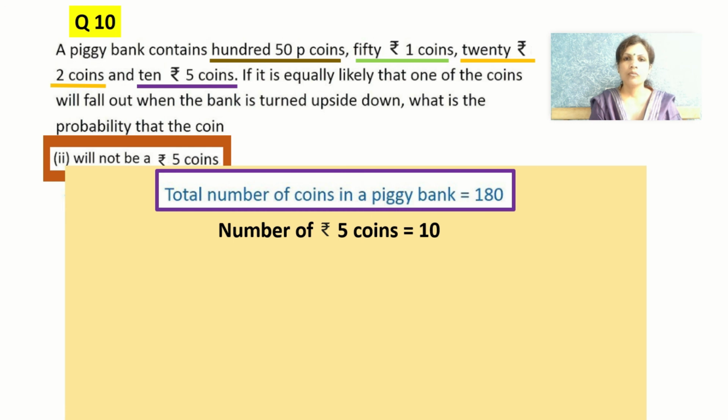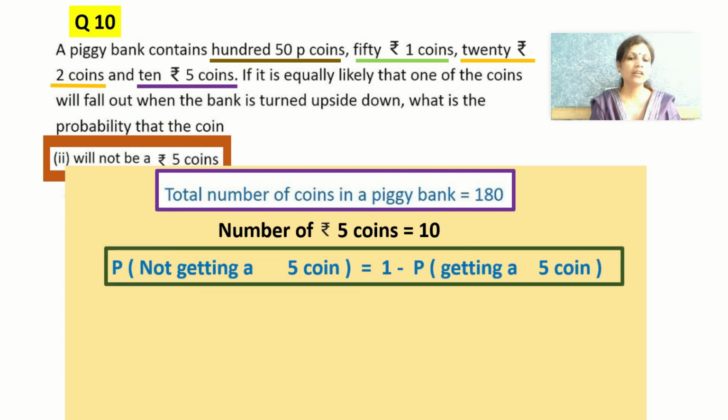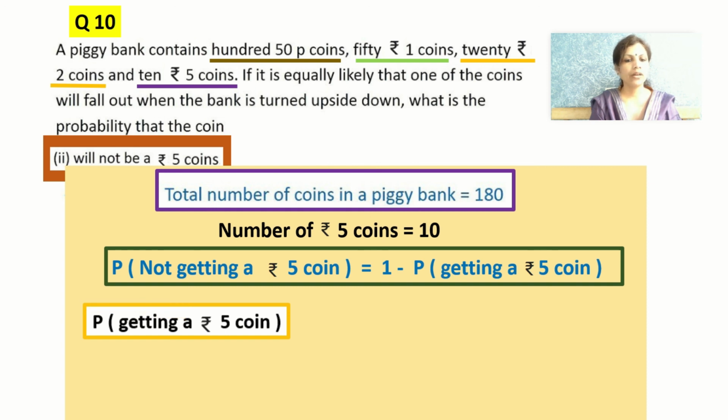We can make use of this formula: probability of not getting a rupee 5 coin is equal to 1 minus the probability of getting a rupee 5 coin. First we will find the probability of getting a rupee 5 coin, and then we will substitute the values into this formula.